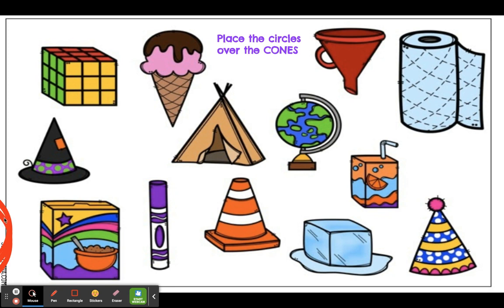I don't know if you could see them in the far left bottom of my screen, but there are some circles, and so the circles are there because the students on their own copy are going to take the circles and drag them over the images that display a cone, okay, a cone shape. So you would already have the circles there, meaning that they don't have to draw, they don't have to look for a circle, but they're already lined up on the side, and your students are just going to click and drag.